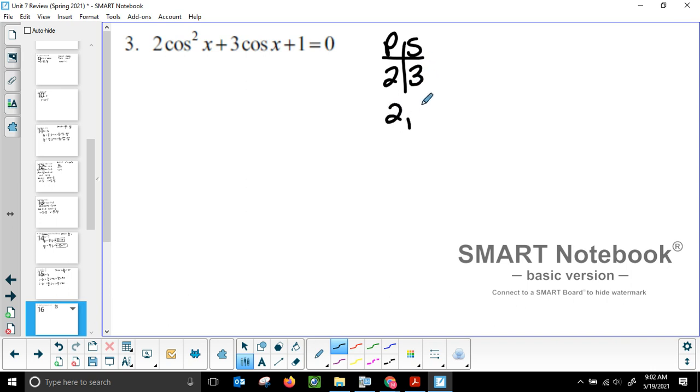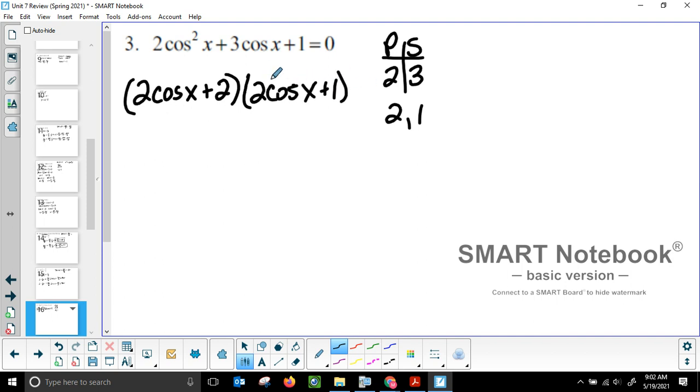So this is going to be 2 and 1, right? 2 times 1 is 2, 2 plus 1 is 3. So this is going to be 2 cosine x plus 2. I have to keep this leading coefficient, remember, and 2 cosine x plus 1. Do remember that the squared is not here anymore. I can't emphasize that enough.